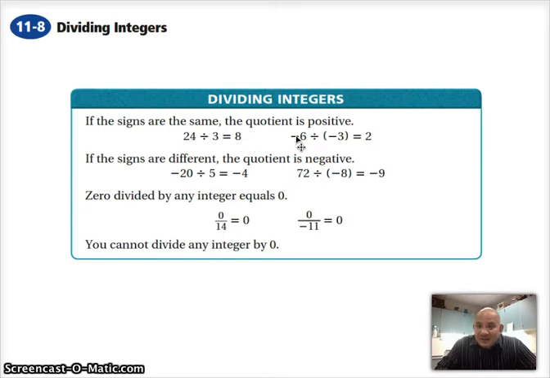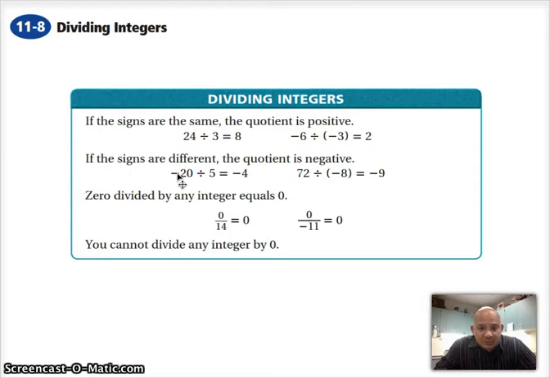Well, did you know that dividing a negative number by a negative number also gives us a positive? So when we have two signs that are similar in the actual division problem, we'll come up with a quotient that is positive. Two like signs, a positive result.